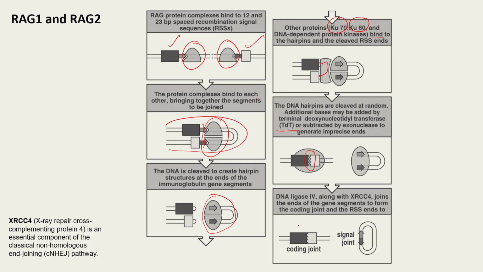And finally, the DNA ligase comes into the picture, which can ligate the coding region in order to code for a protein, and of course the signal sequences also join, and then they can segregate out.